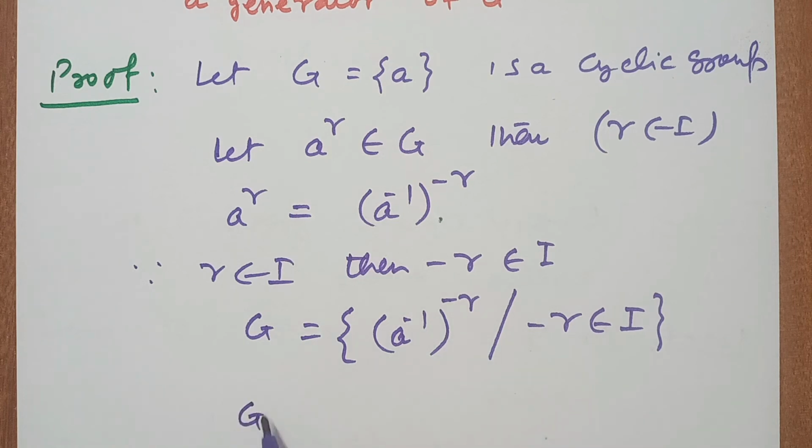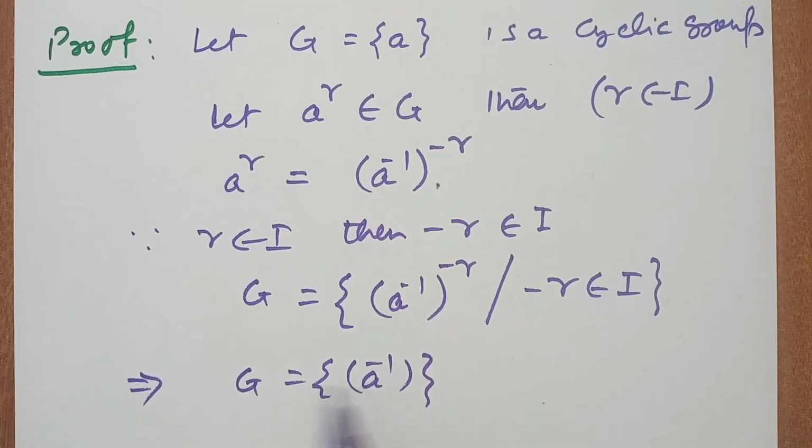It means G equals ⟨a^-1⟩, and a inverse is a generator. So if a is a generator, its inverse is also a generator of G.